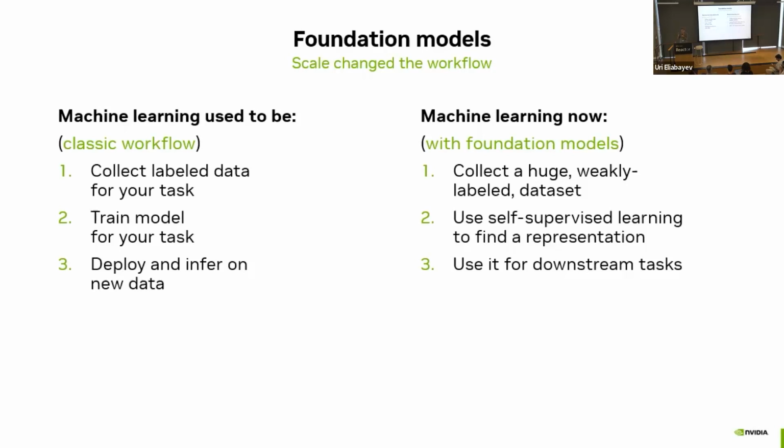You don't care about a specific task. You then train a representation, again task agnostic, usually in a self-supervised way, contrastive learning. Some of you know that. And then once you learn this representation, you use it for different things. So foundation models in text are like predict the next word, and an application would be a chatbot, right?